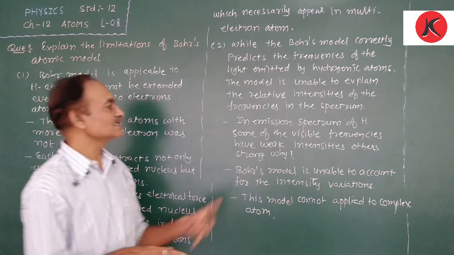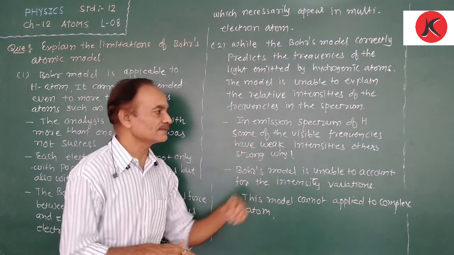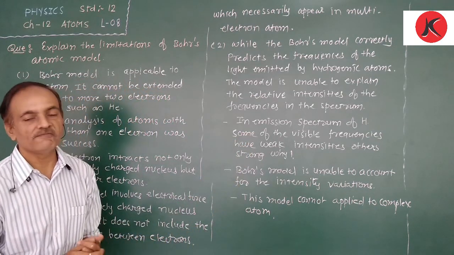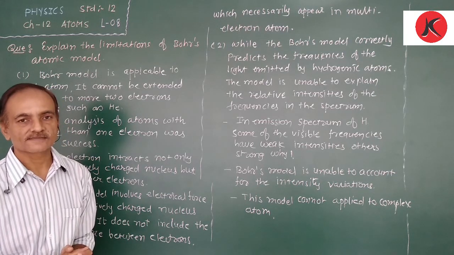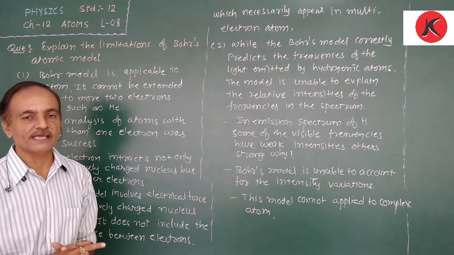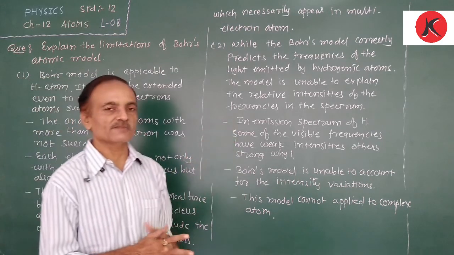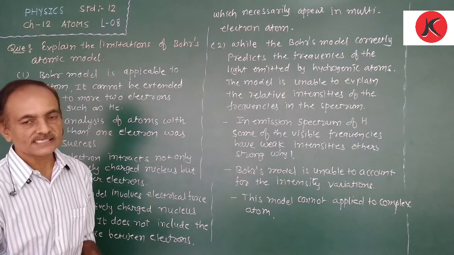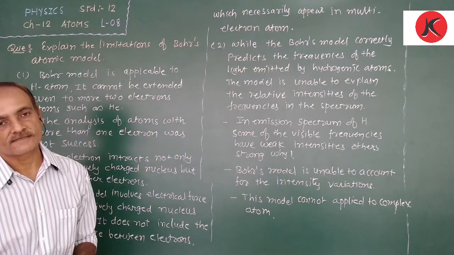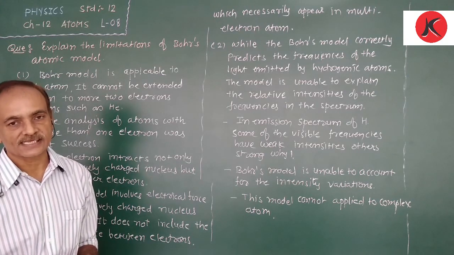It means in the emission spectrum of hydrogen, some of the visible frequencies have weak intensity, and others strong. What is the reason? That cannot be explained by Bohr's atomic model. Some visible frequencies have weak intensity and others have strong intensity.